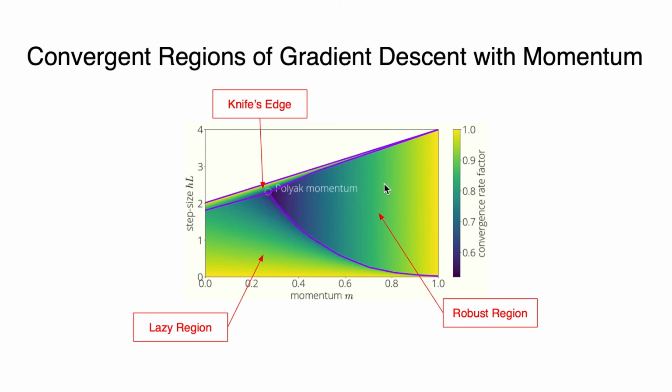Namely, it's achieved by the smallest convergent momentum within the robust region, which occurs right here at the edge. And interestingly, if we analyze what values of momentum and step size lead to this best convergence rate, we get closed form expressions for something that we call Polyak momentum, which we will discuss next.